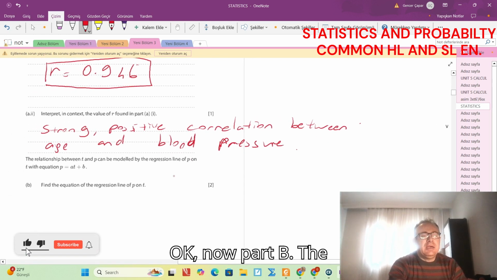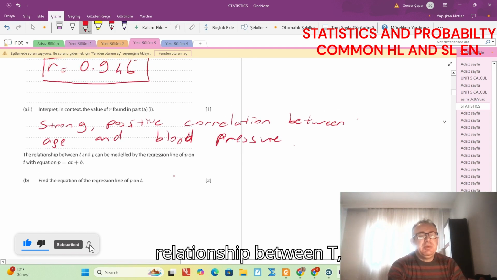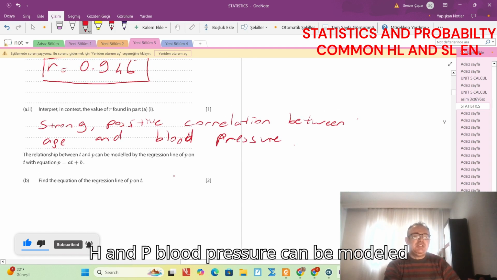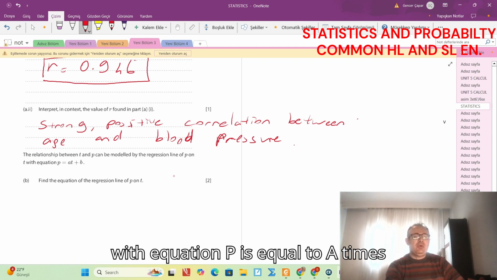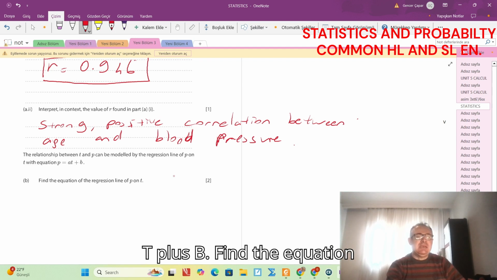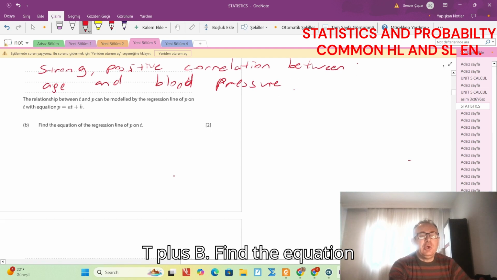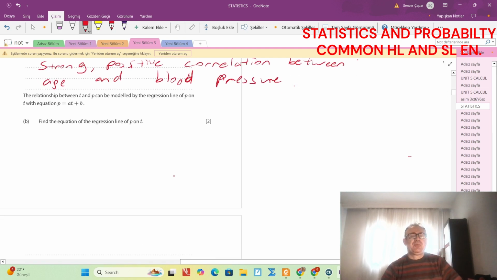Okay, now part B. The relationship between T, age, and P, blood pressure, can be modeled by the regression line of P on T with equation P is equal to a times T plus b. Find the equation of this regression line.